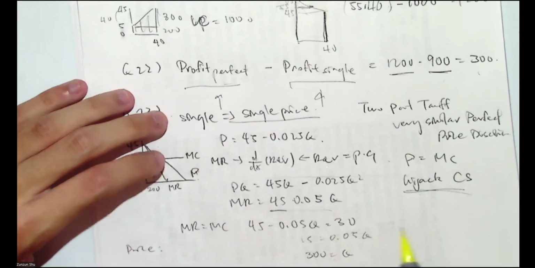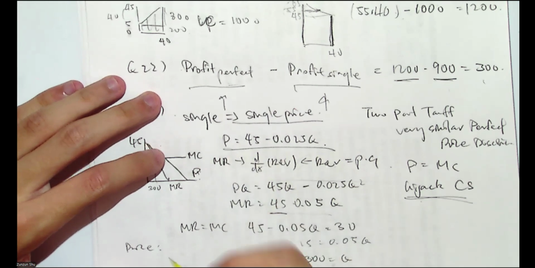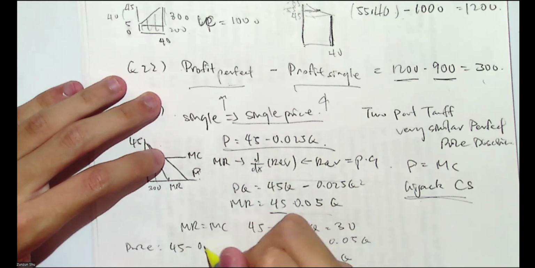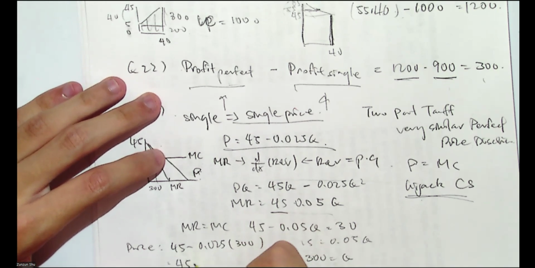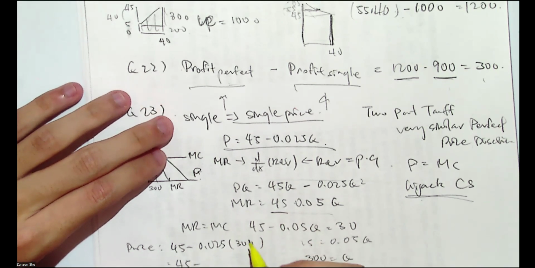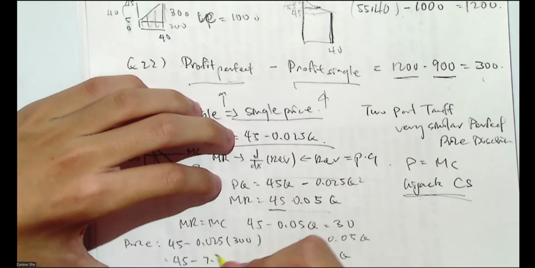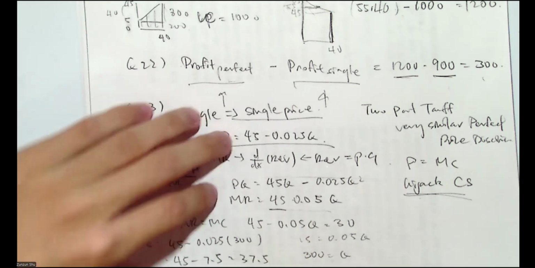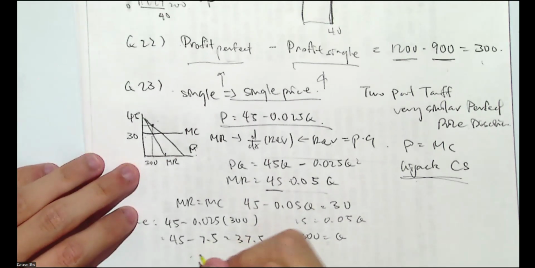Demand line has this, so 45 minus 0.025 times 300. That's 45 minus 300 times 1 over 40. So 45 minus 7.5, that's 37.5. So that is your optimal rate per hour for a single price.